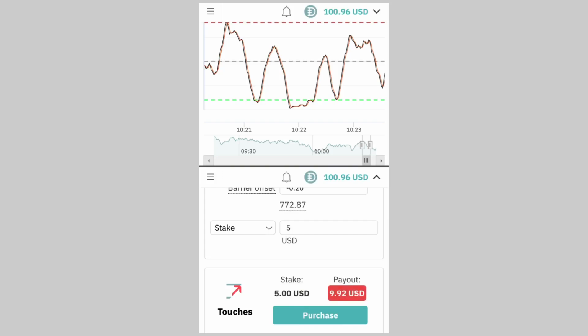Open multiple tabs, place one on plus and the other on minus. Or if you have two phones, use the second phone for one side and the first phone for the other, plus or minus.